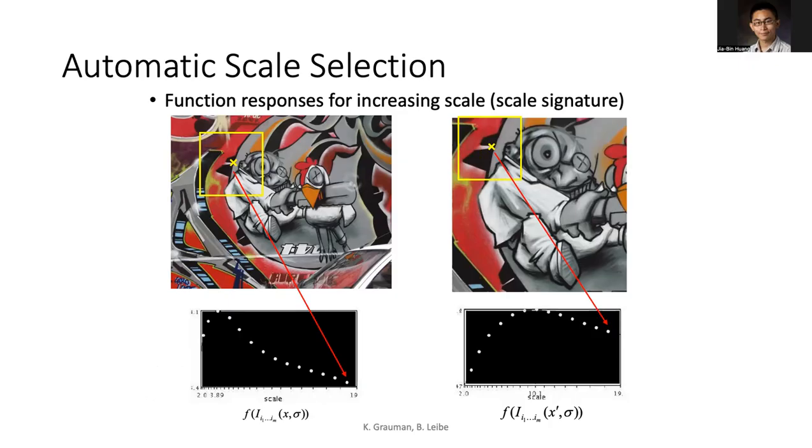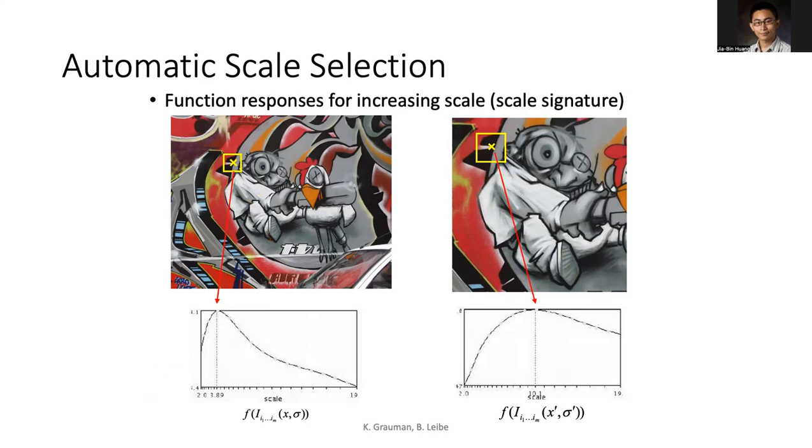And this one matches this one, and they rise up, and then the peak is at the later scale. Okay. And from there, you see that the peaks correspond with each other. All right. So by doing this, you are able to determine not just the XY location of the key points, but also the size of those key points. Okay. Yes.